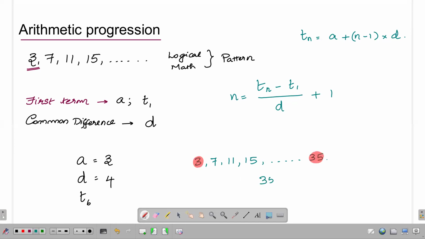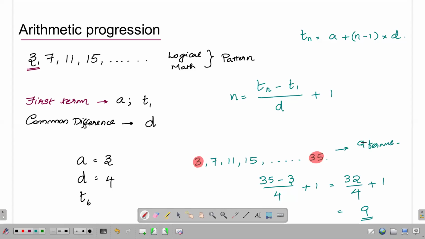So last term minus first term divided by the common difference plus 1. 35 minus 3 is equal to 32. 32 upon 4 plus 1, which is 8 plus 1, 9. You can see that altogether in this given series, there are 9 terms.